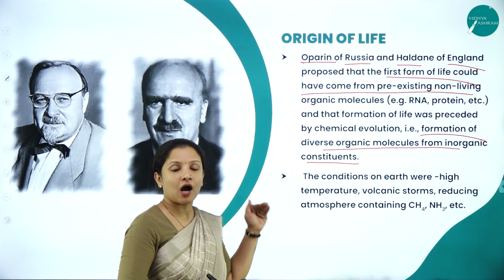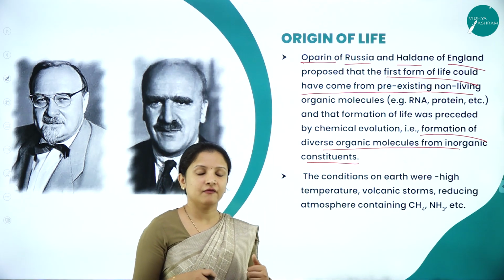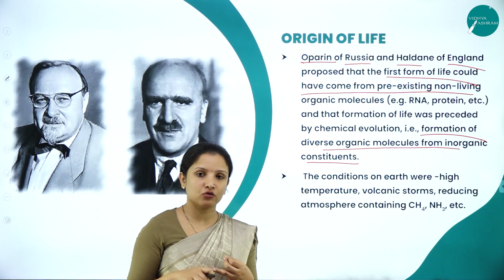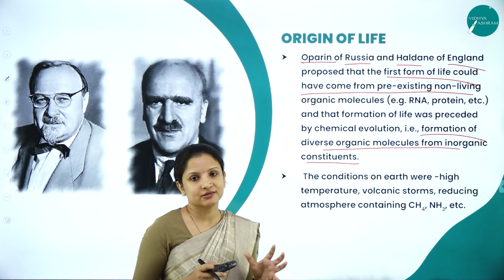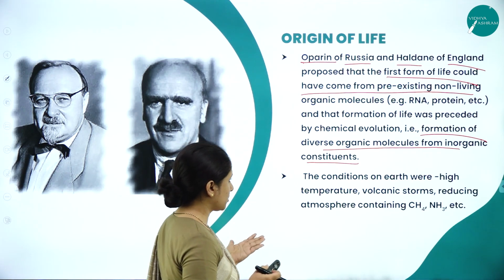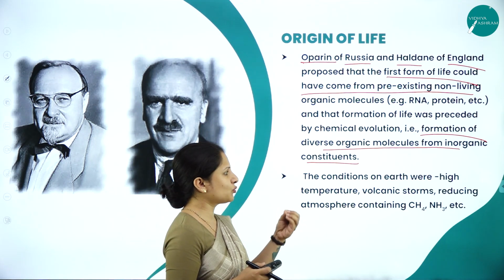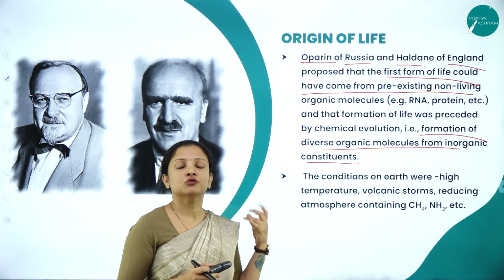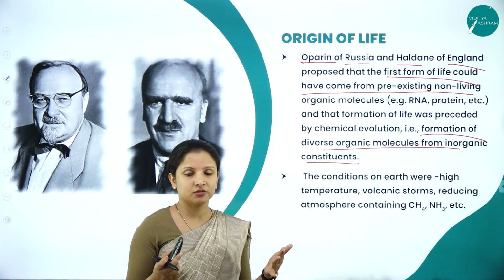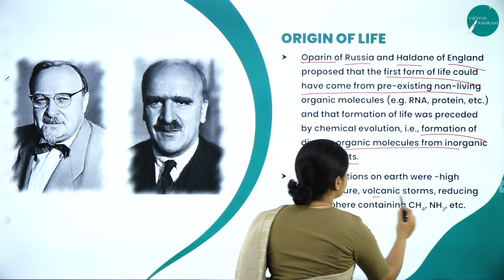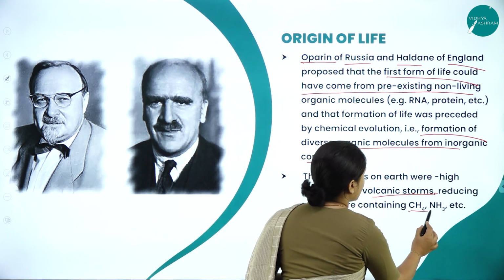Next we'll see how the early atmosphere was formed, or the current atmosphere which we have, wherein we have methane, nitrogen, hydrogen, oxygen in the atmosphere. Now how that gaseous atmosphere got formed, we shall look into. The conditions of the early earth, as I told in the previous slides, were very high temperature because the ozone layer had not formed by that time, and there were a lot of volcanic eruptions, resulting in volcanic storms, and the atmosphere also contained a lot of methane and ammonia.